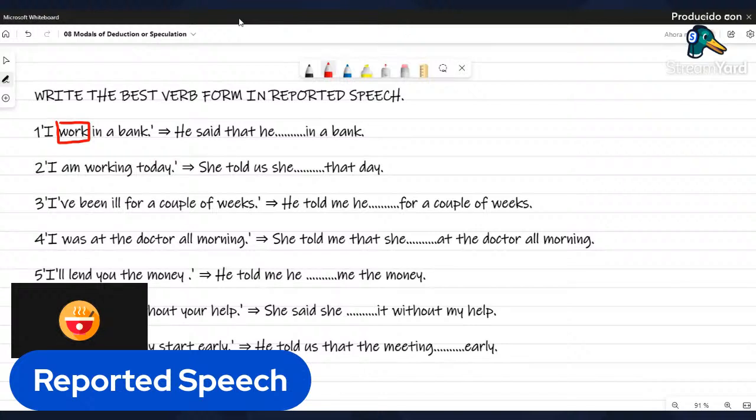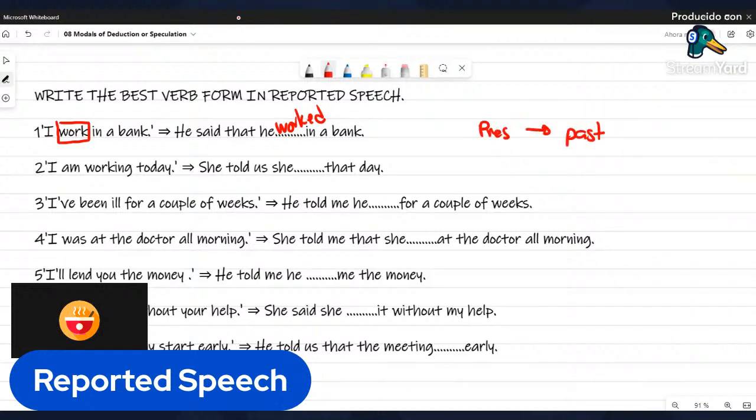It's already past. I work in a bank. He said that and the correct answer would be worked in a bank, right? It should be in past. So it's present. We can say that present changes to past in reported speech.